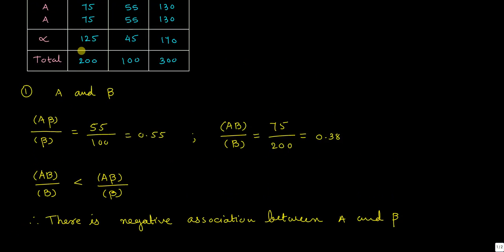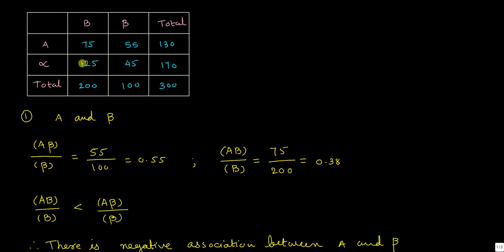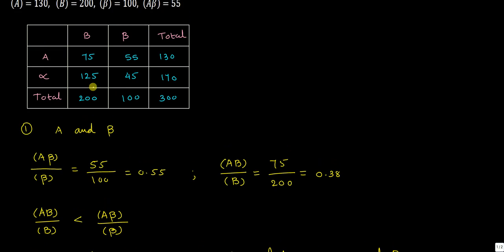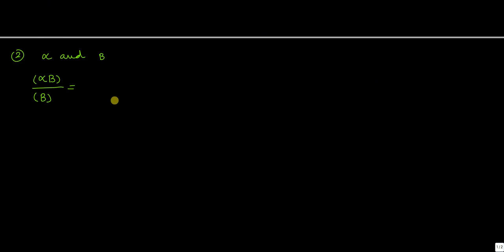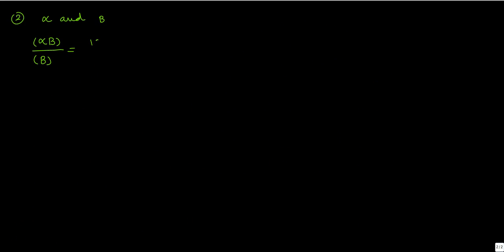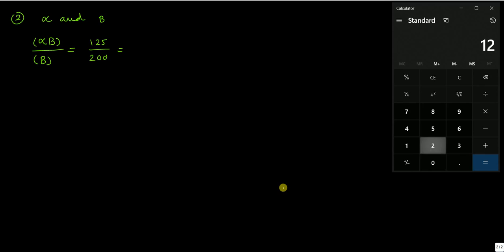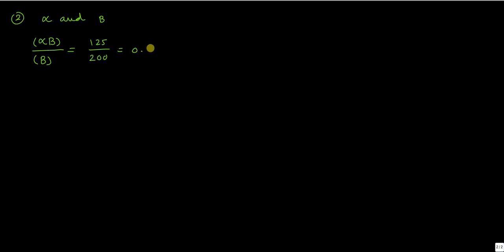Alpha B is equal to 125 upon 200. 125 divided by 200 gives us 0.625, or you can write 0.63.